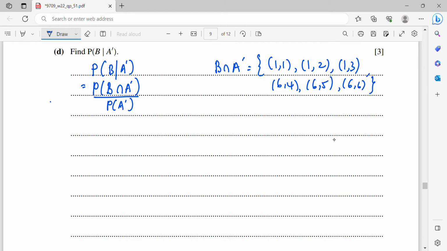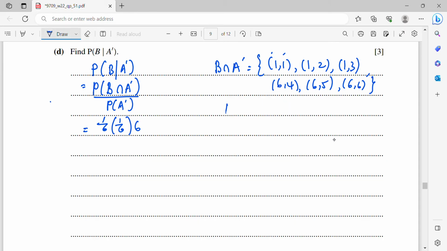Alright, so from here, my probability of B intersect A prime is going to be 1 over 6, first number 1 over 6, second number 1 over 6, and there are 6 of them. So multiply by 6.